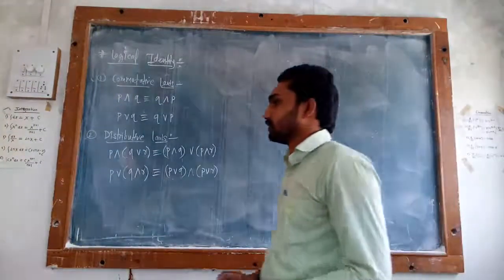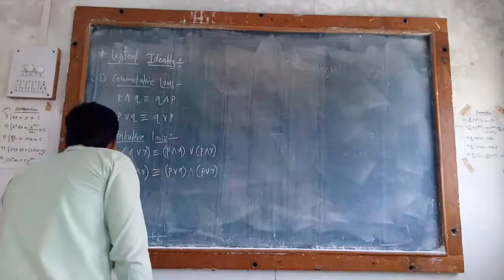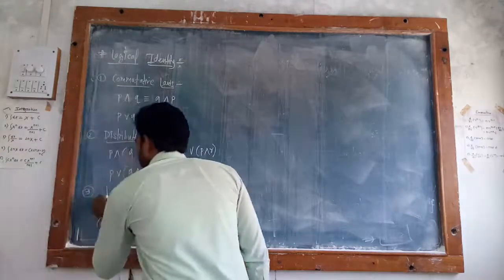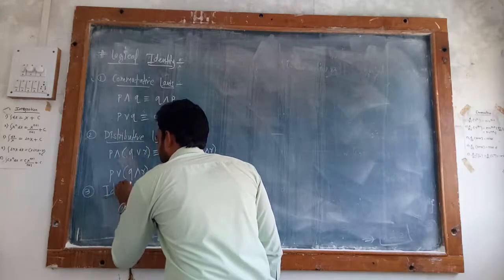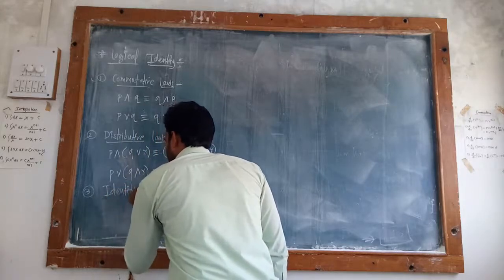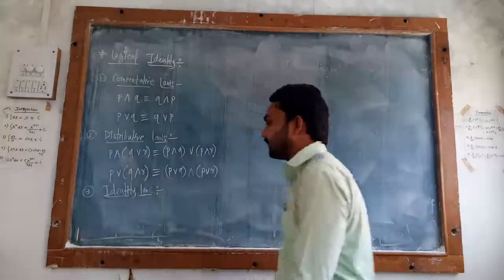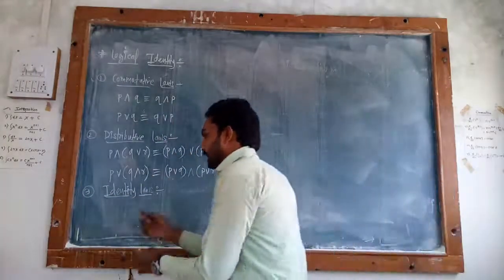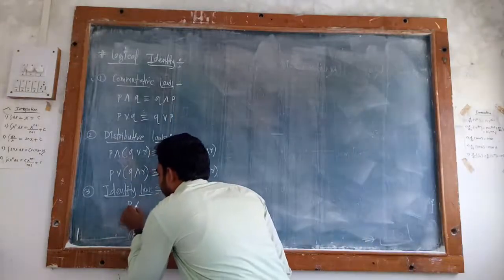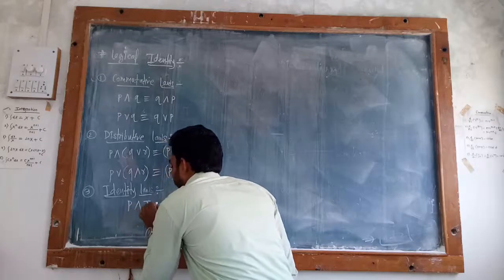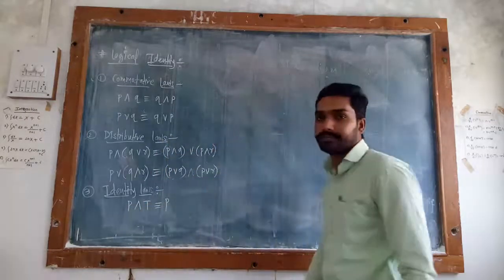Now the third one is the identity law. What is the identity law? Identity means the result value is the identity.